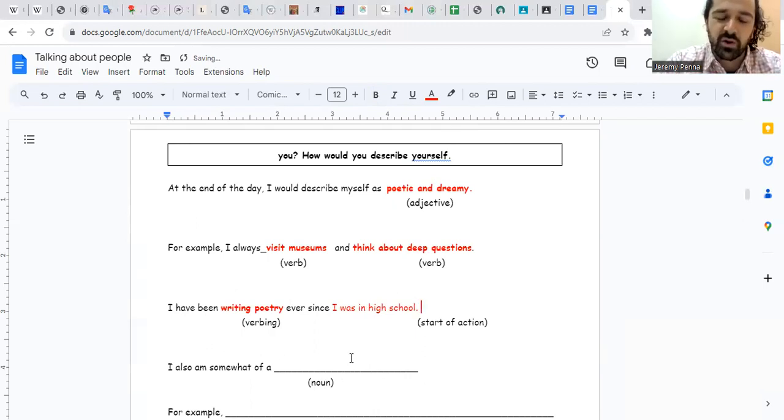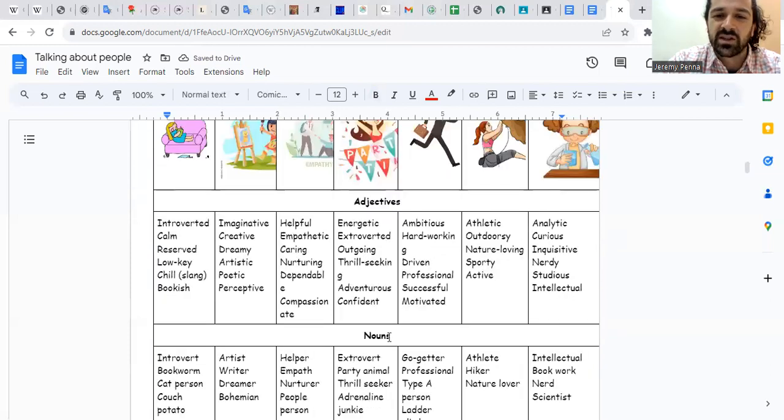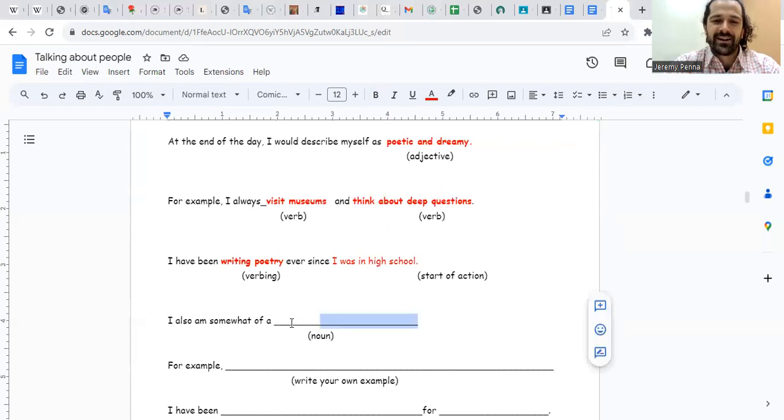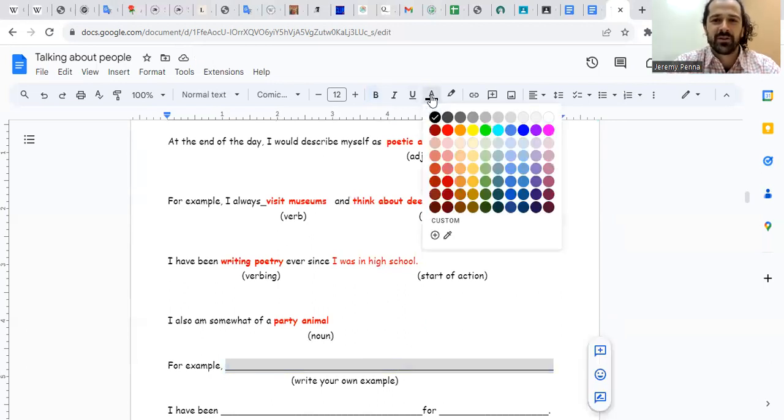I am also somewhat of a noun. Okay, now I have to pick a noun. Let's do a different noun. Let's go with party animal. I am also somewhat of a party animal. For example, all right, now you have to do your own example.